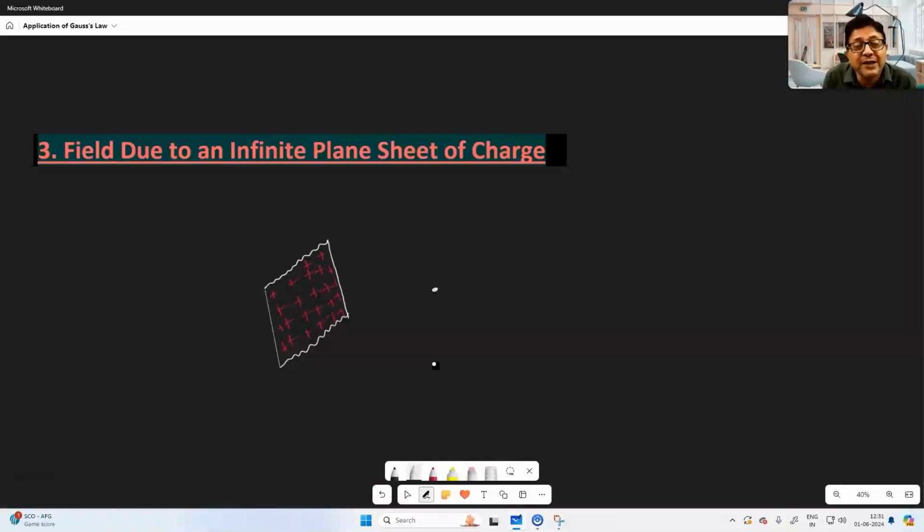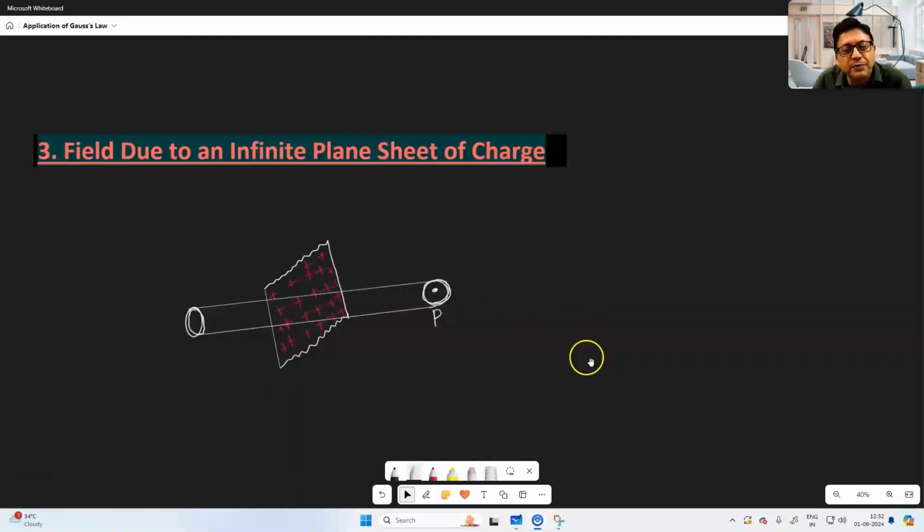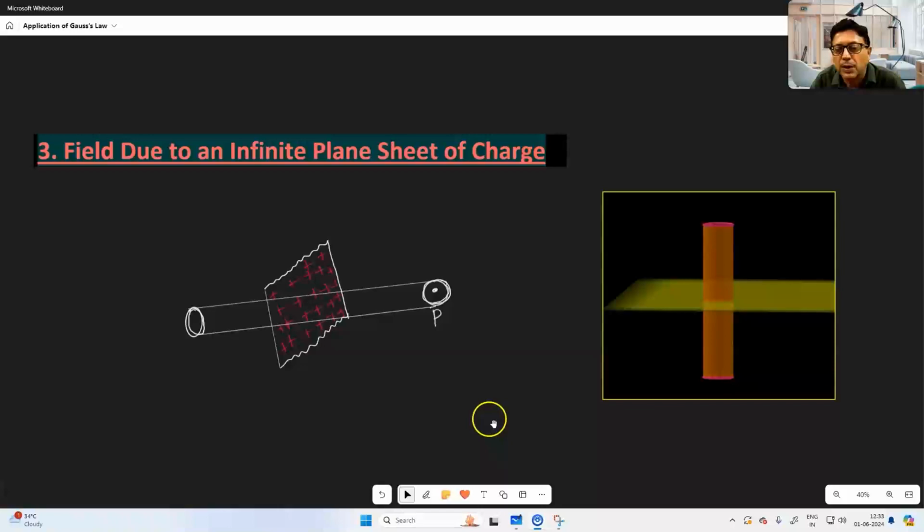If you take the Gaussian surface as a cylinder, then it will penetrate. It is independent of distance; that also can be proved. So let us draw the Gaussian surface here. I am suggesting the Gaussian surface in this manner, which is a cylinder.